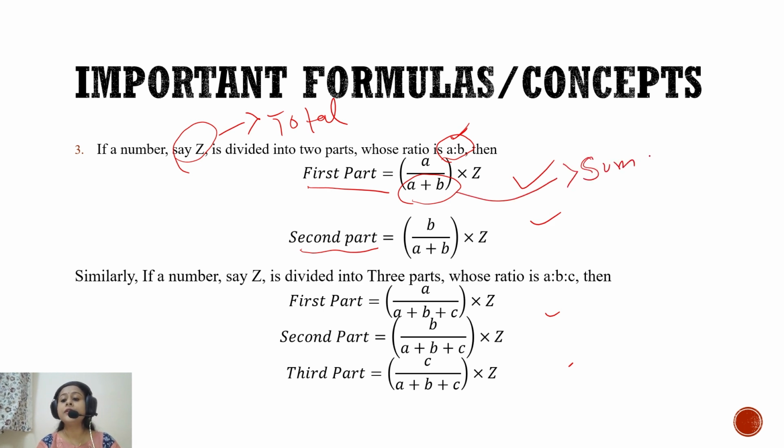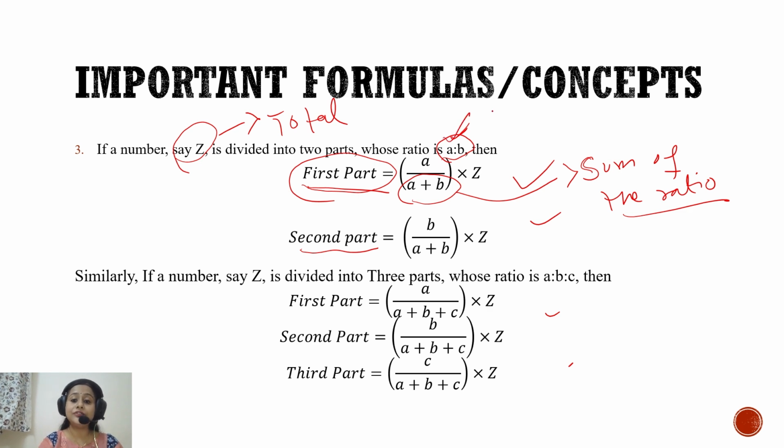To find the first part, which is A, the antecedent, we divide the first term of the ratio, A, by the sum of the ratio, multiplied by the total number given.